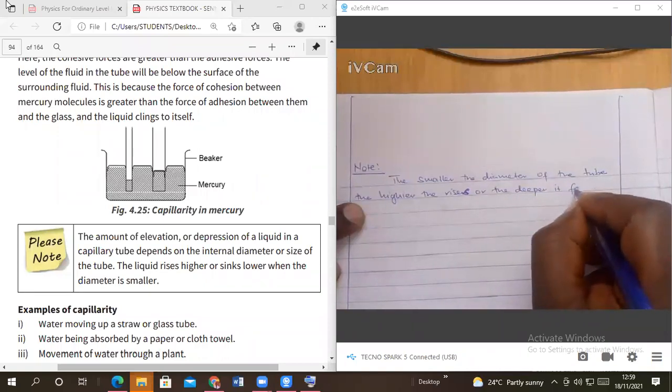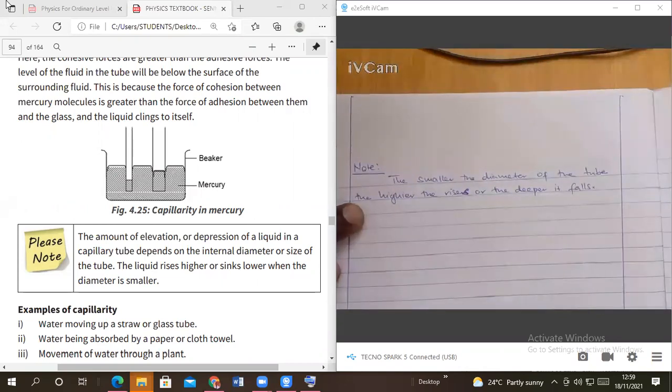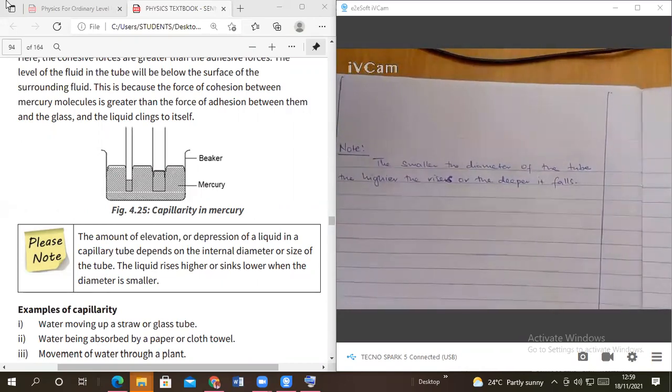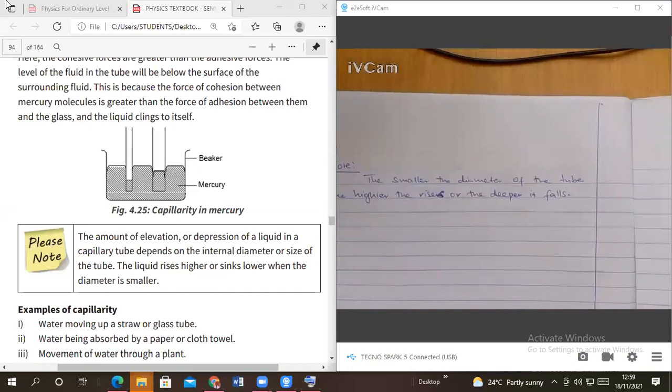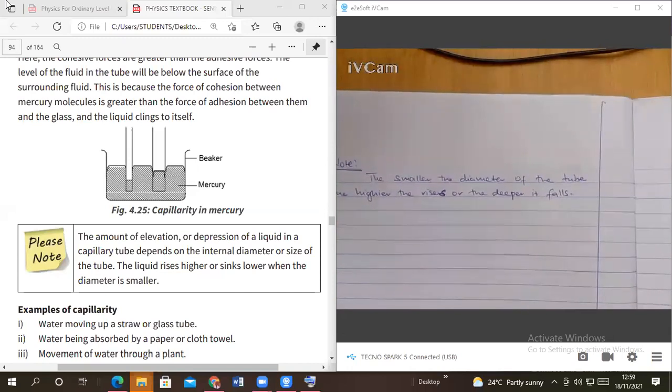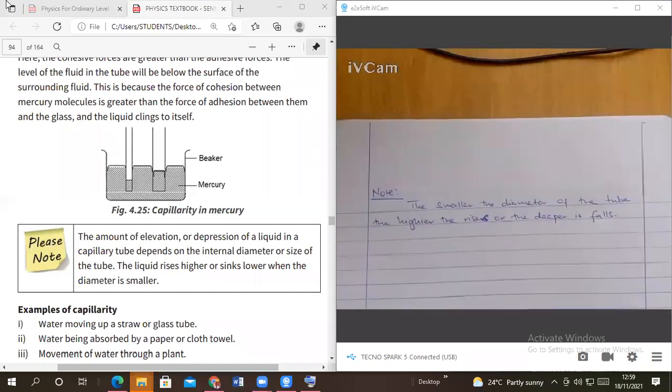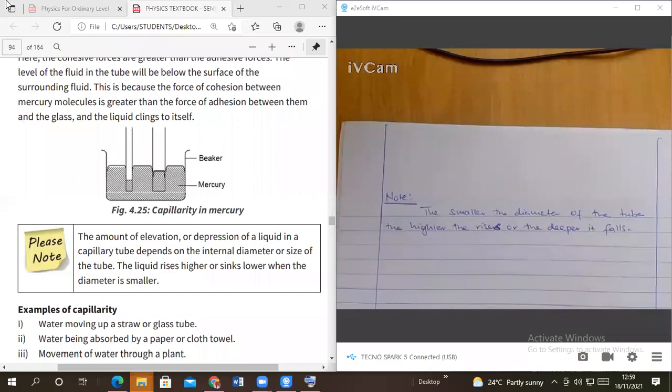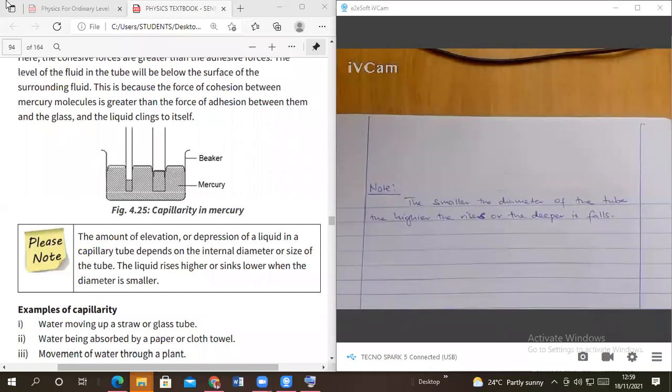It falls. So if the diameter is very small, the liquid rises higher or it falls deeper. Are we together?